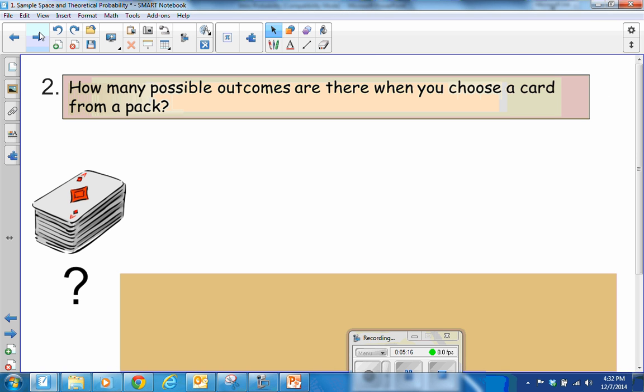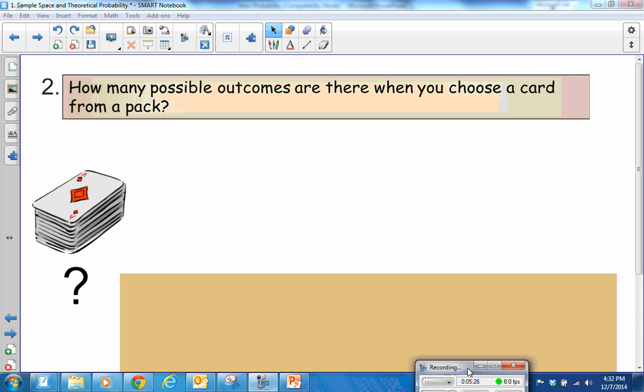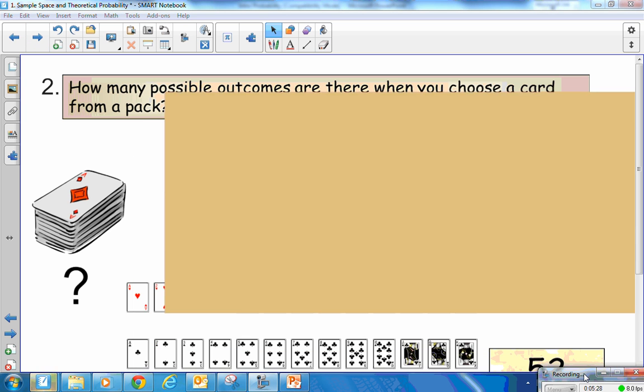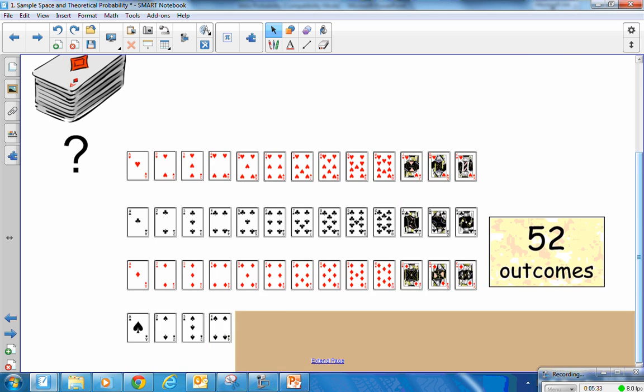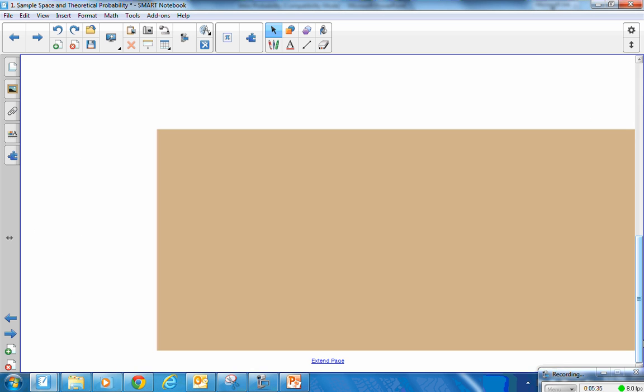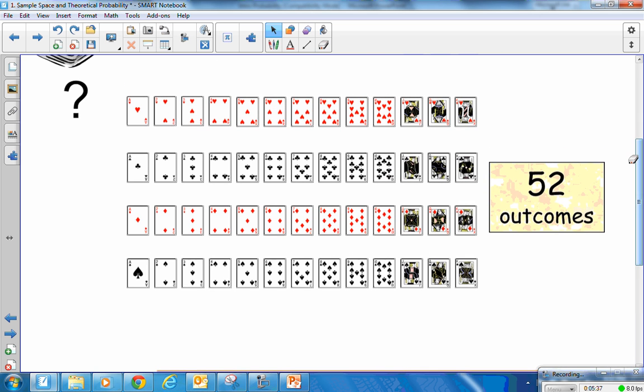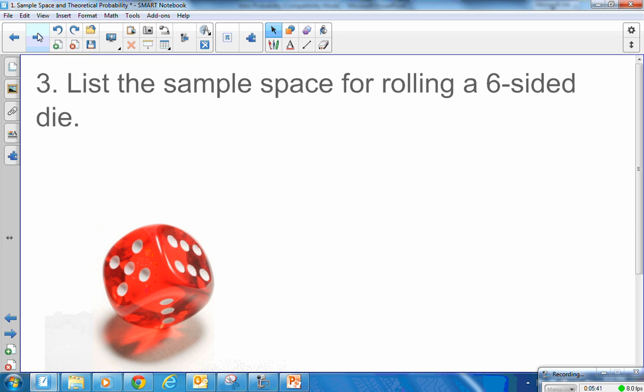Let's check another one. How many possible outcomes are there when you choose a card from a pack? So how many cards do you have in total? Let's put that down. So we have 52 cards. List the sample space for rolling a 6-sided die.